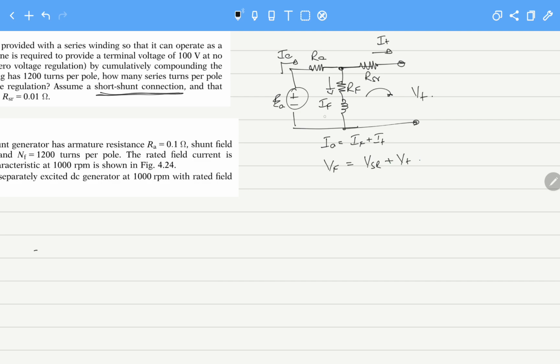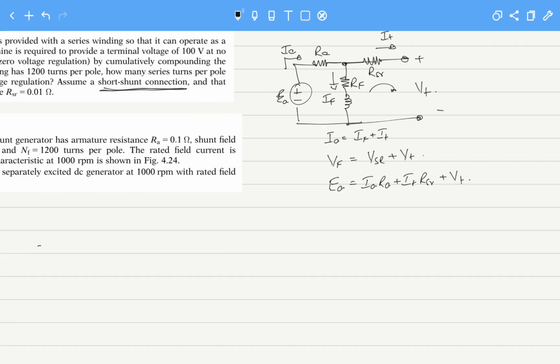And for the other, larger loop including EA and VT, if we apply KVL, EA equals IA RA plus IT R series plus VT. So these are the critical equations for a short shunt compound DC generator.